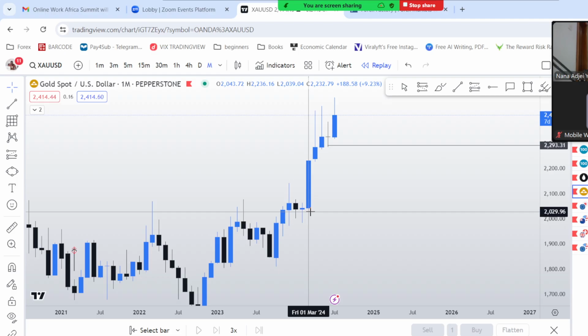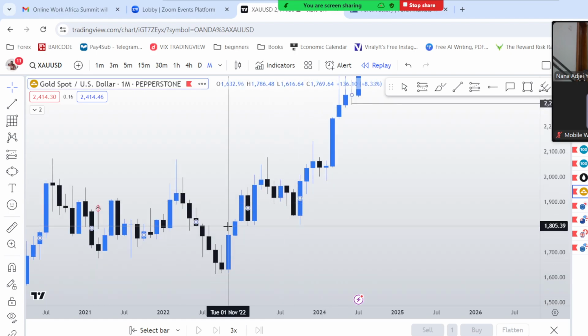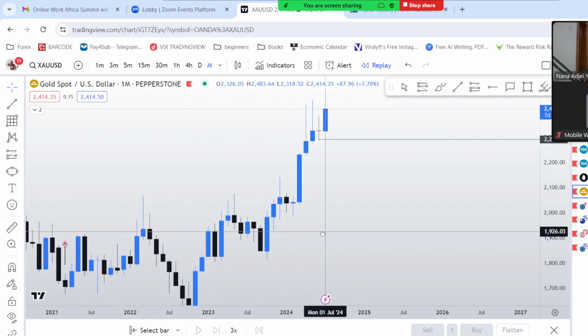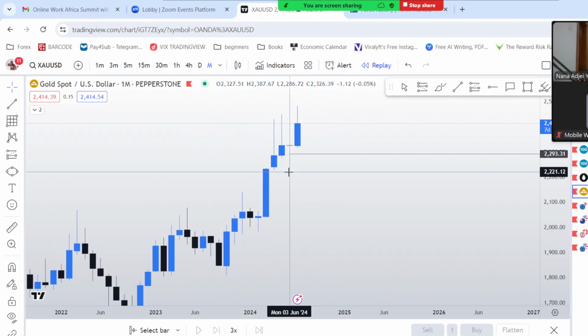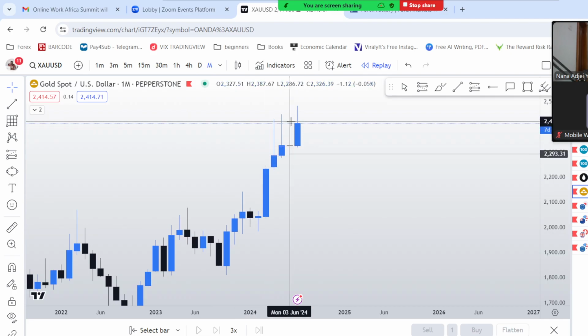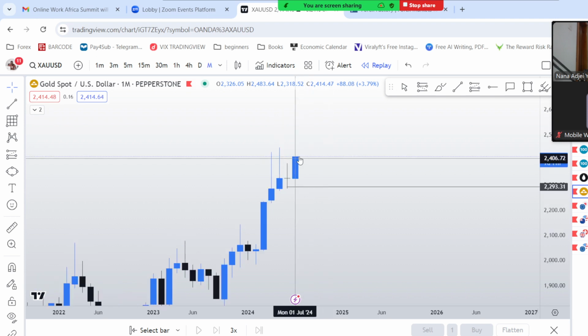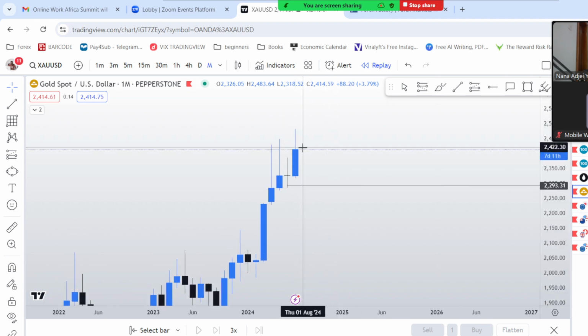So it actually took one month for every candlestick you see to be printed on the screen. This particular candle took 1 month. This is the candle for the month of June, and this is the candle for the month of July. Currently we are still in July, that is why you see that it's still trading over there.